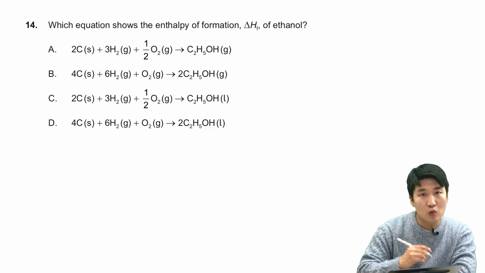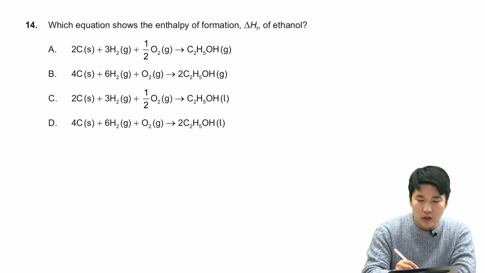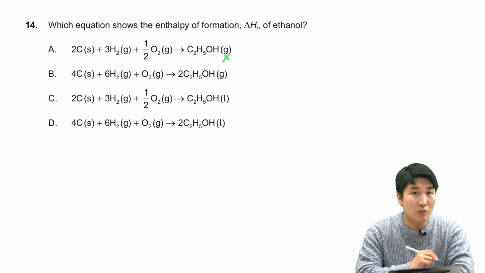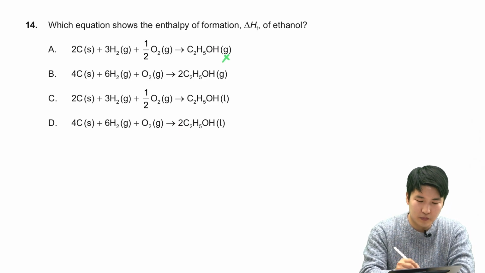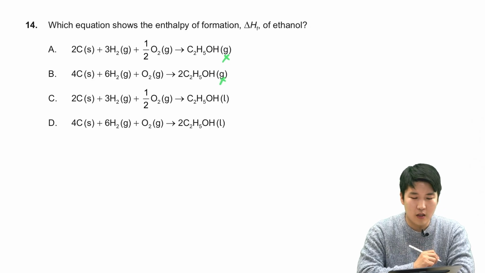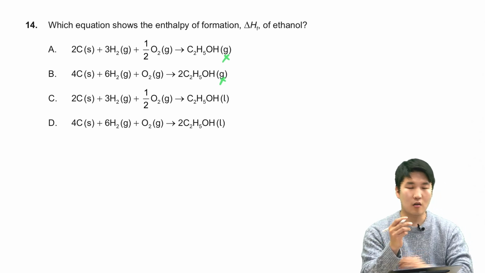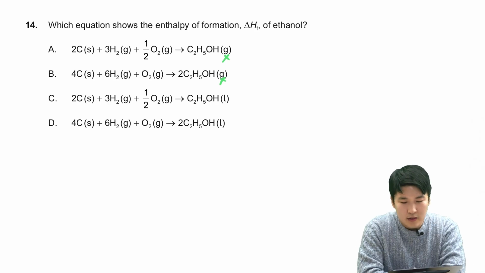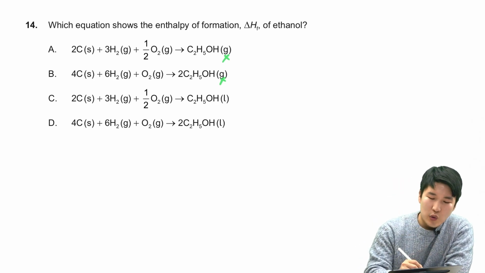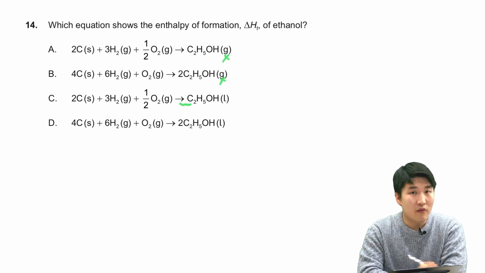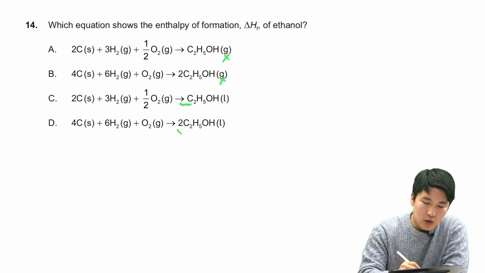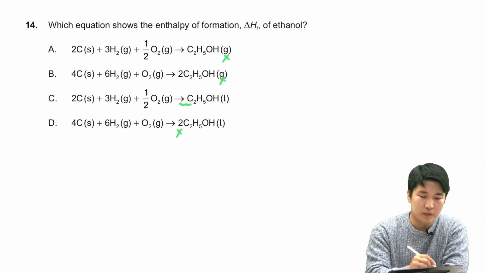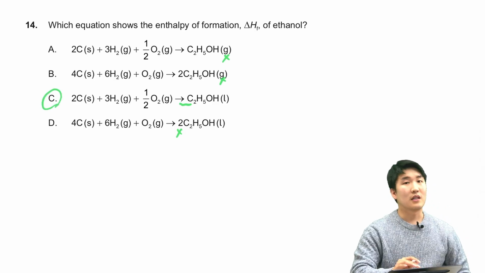For ethanol, we want the standard state to be liquid, not gas. Carbon, hydrogen, and oxygen in their standard states would be carbon solid, hydrogen gas, oxygen gas. And we want to make sure that only 1 mole of ethanol is produced, not 2. Meaning, option C is our answer.